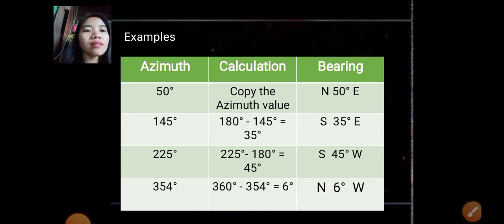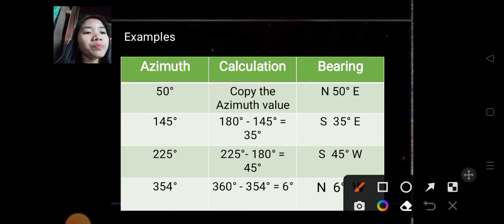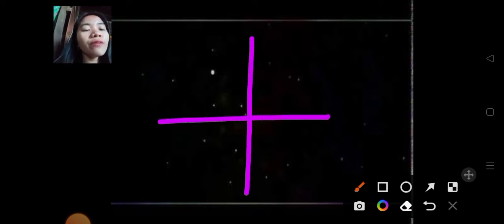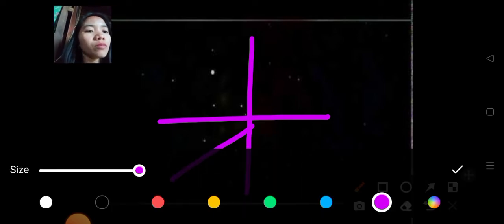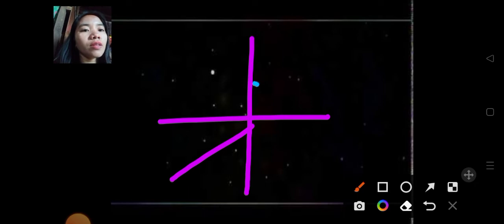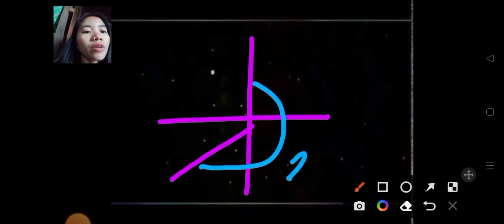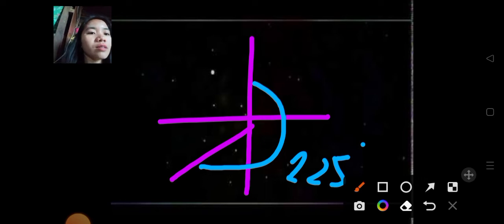Next, 225 degrees. The formula to be used is azimuth minus 180 degrees. So we just substitute the value of the azimuth. We have 225 degrees minus 180 degrees, which is equal to 45 degrees. So 225 degrees belongs here. This is the azimuth value, 225 degrees.